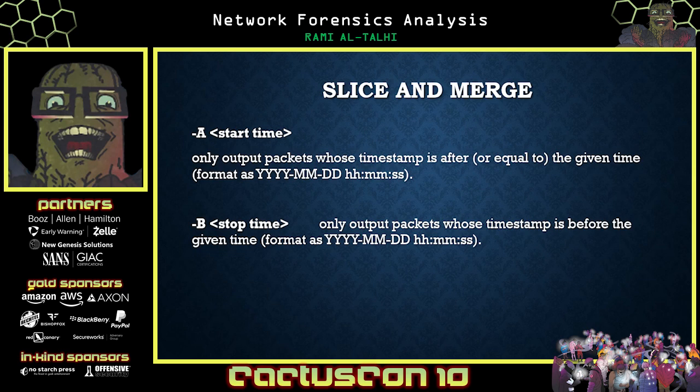For example, if we need to specify the start time and stop time for a specific timeline, we can use -A or -B, and use the format as described in this slide to identify the timeline. If we are interested in, let's say, one week ago, we can specify the timestamp based on what we have from the scoping.